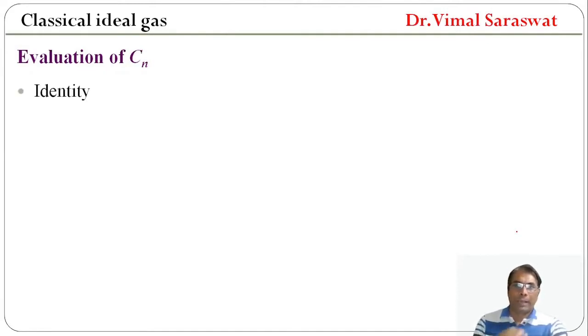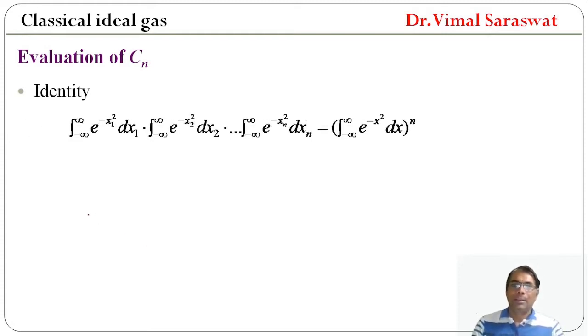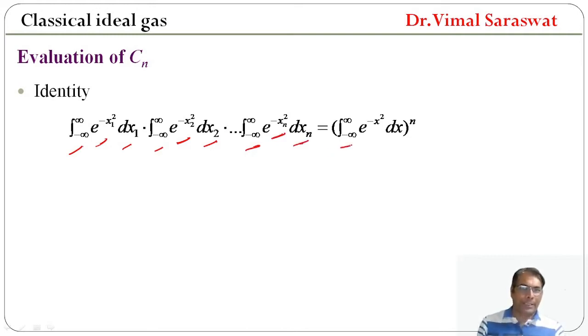For it we use an identity. Integration from minus infinity to plus infinity of e raised to minus x1 square dx1, into integration from minus infinity to plus infinity of e raised to minus x2 square dx2, up to integration from minus infinity to plus infinity of e raised to minus xn square dxn, is equal to integration from minus infinity to plus infinity of e raised to minus x square dx, whole power n.